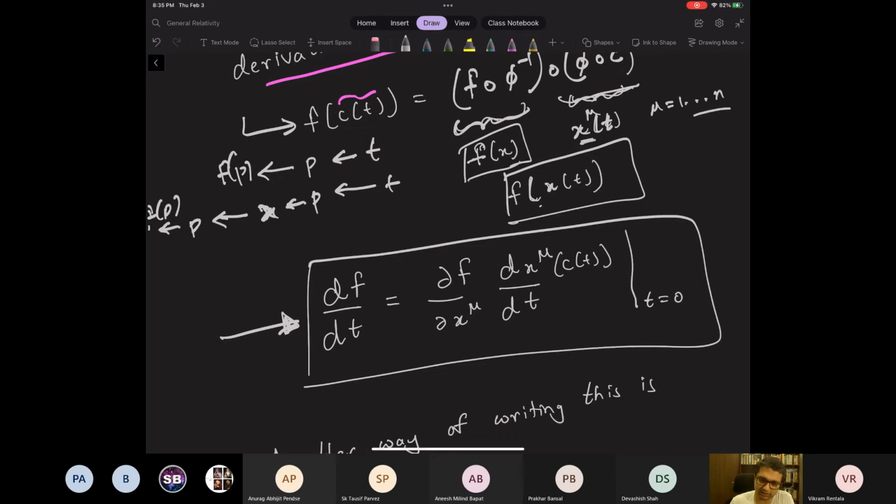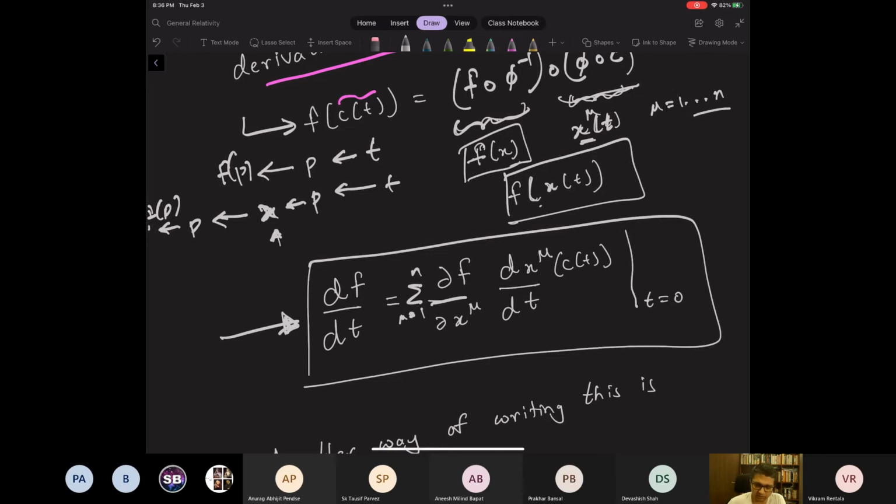So I can take partial f, partial x mu, dx mu dt, just by the chain rule. There are n coordinates at this intermediate stopping point where I find the coordinates, so there's an implicit sum where mu goes from 1 through n: partial f, partial x mu, dx mu dt.